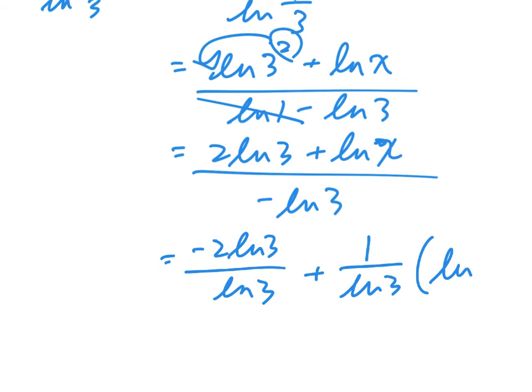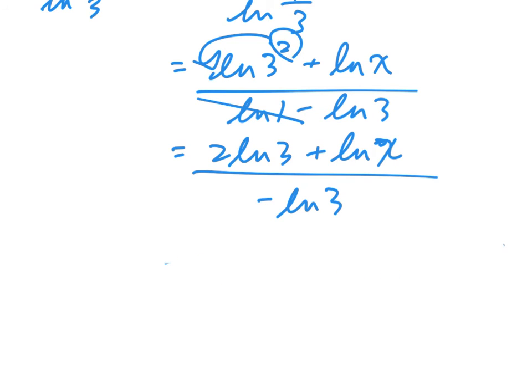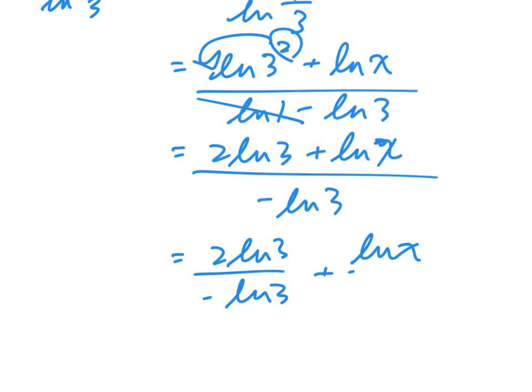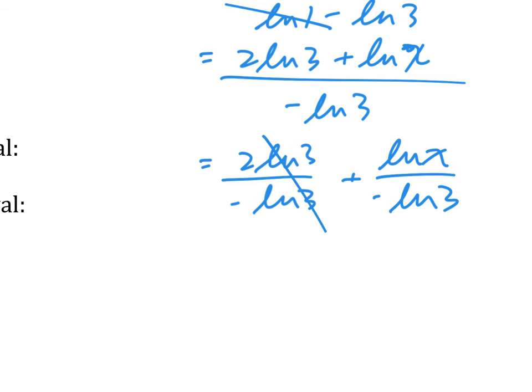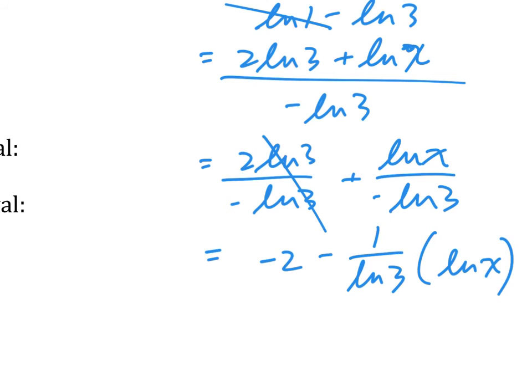I'm doing a little more simplification on the way. Maybe I will do it a little bit slower just in case. So 2 natural log 3 over minus natural log 3 plus natural log x over minus natural log 3. All right, this cancels to minus 2, and then minus a coefficient of natural log x, like that.